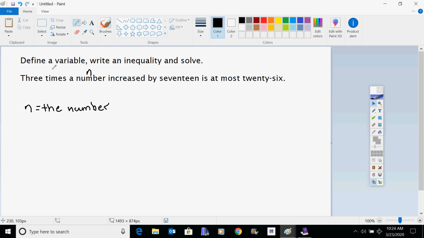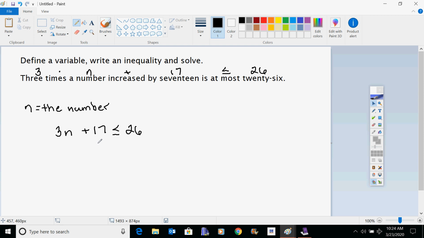And so 3 times a number increased by 17 is at most, think it through in your head, at most means smaller than or equal to 26. So 3n plus 17 is at most, there's your inequality, 26.